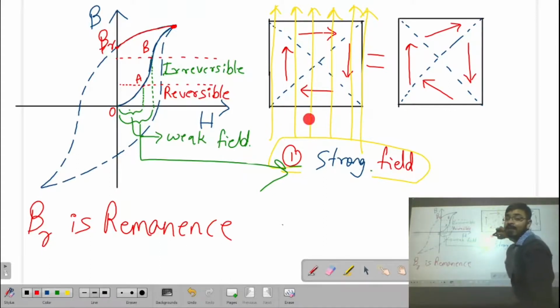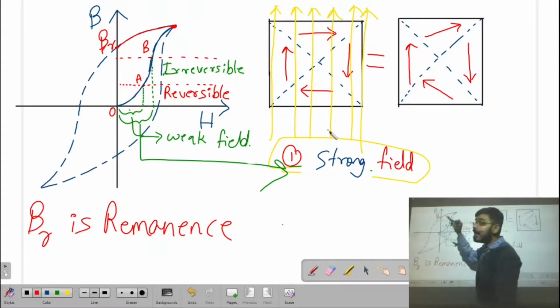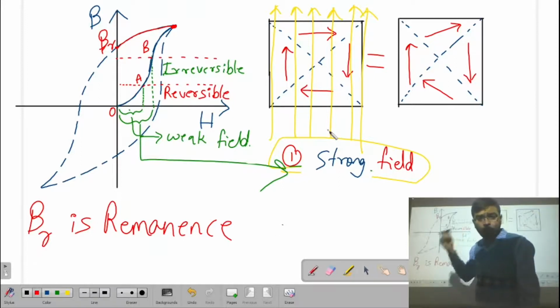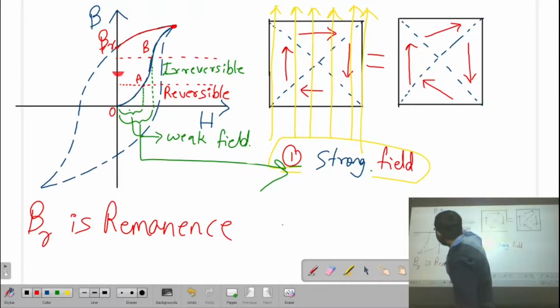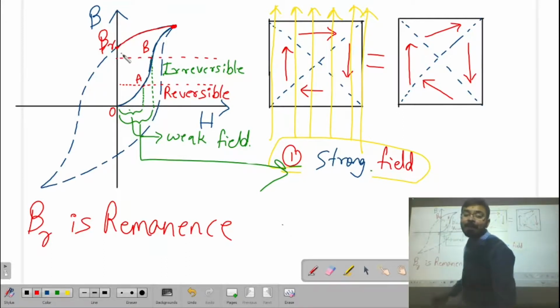It will try to sustain some of the external magnetic field. Then that sustained magnetic dipole moments will give the value of BR. That is known as remanence.